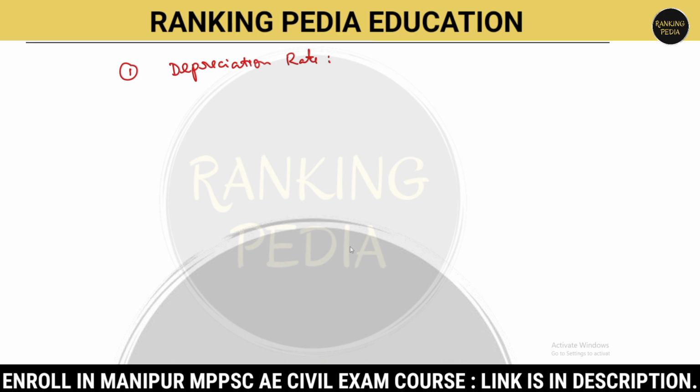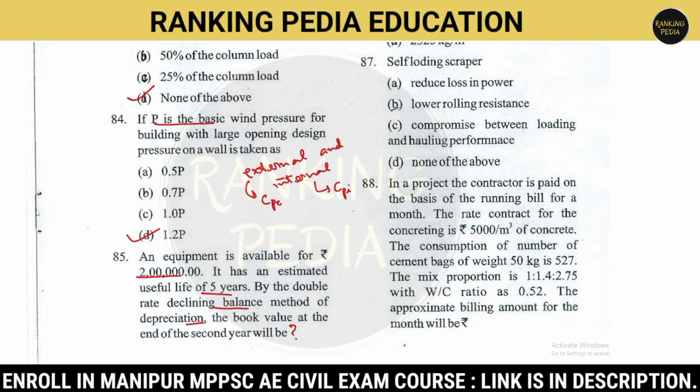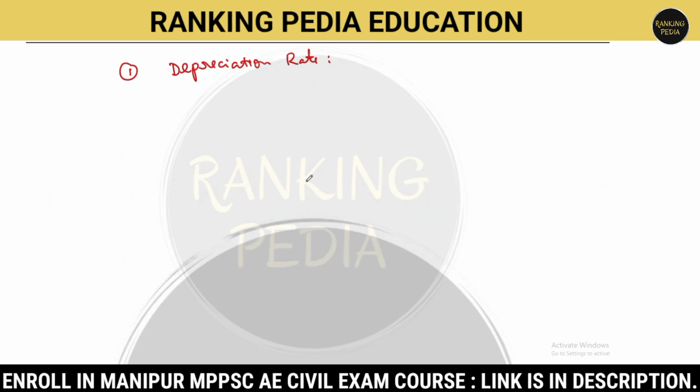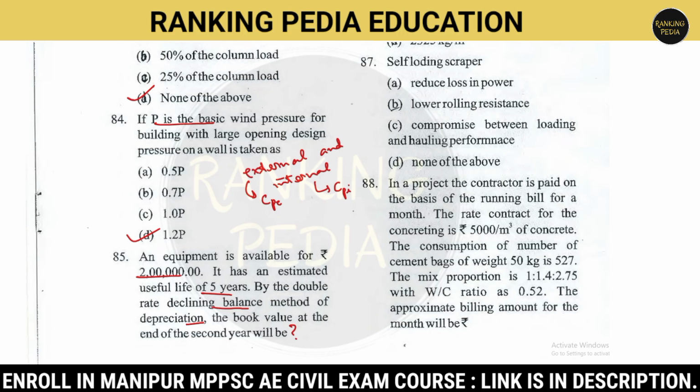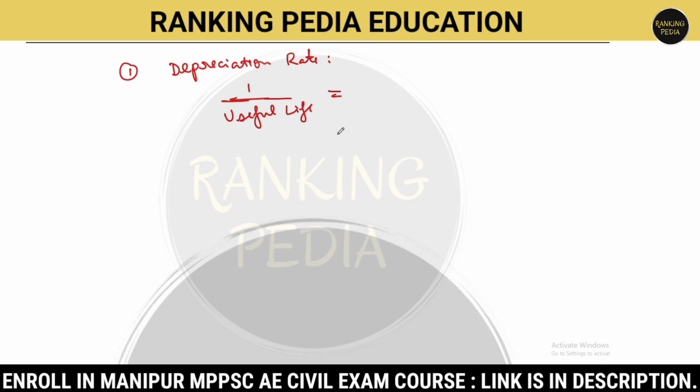The straight line rate is 1 by useful life, which for 5 years is 1 by 5, that is 20 percent. For the double declining method the depreciation rate is 40%. Second, we'll be finding the year 1 depreciation.